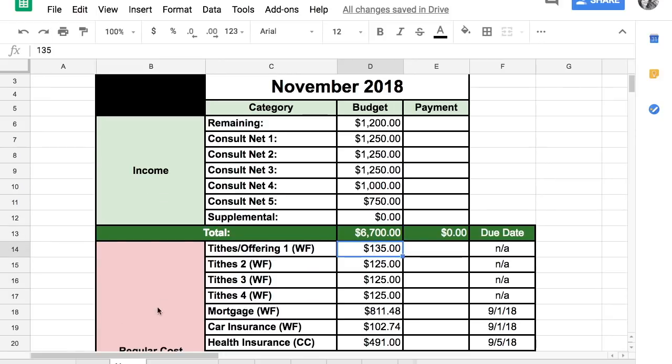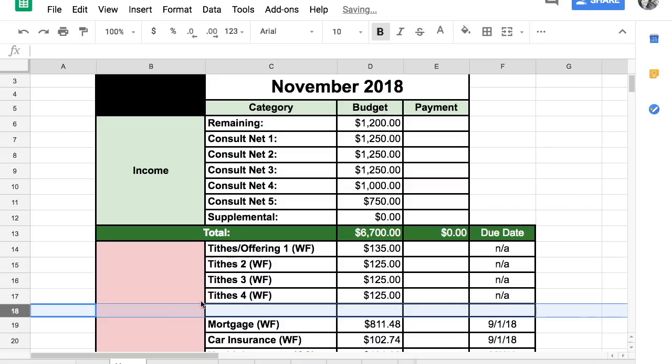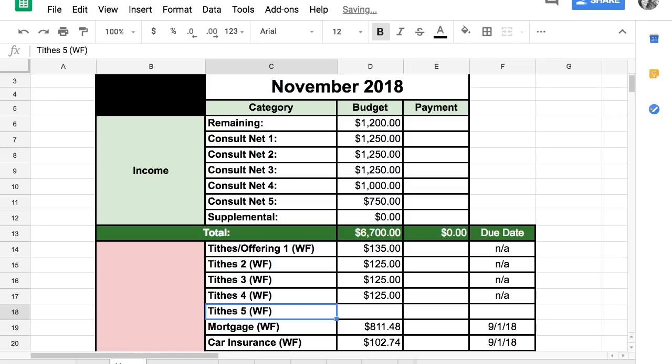Tithes and offerings, we're going to have 5 tithing periods because we have 5 paychecks. So I'm going to create a tithes 5, and it comes out of my Wells Fargo account, so tithing is just directly out of that. Our first tithe should be a 10th, which is $125, and then we do a $10 fast offering to help people who are in need in my church building.